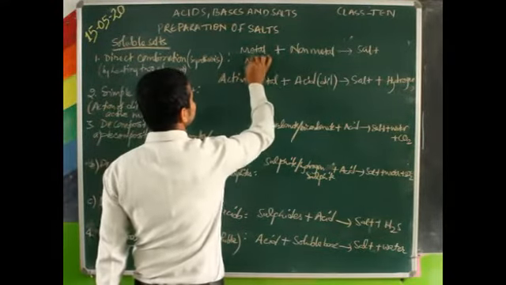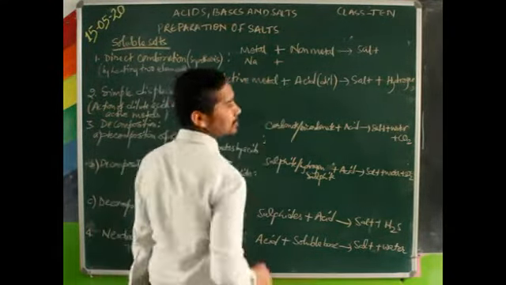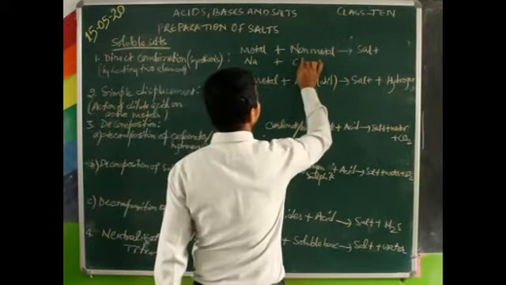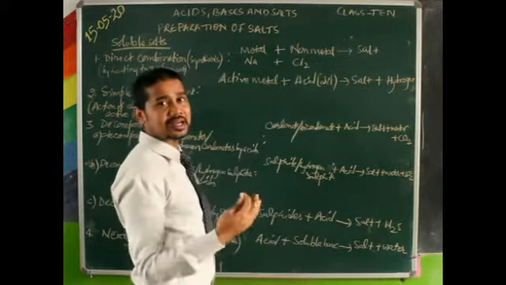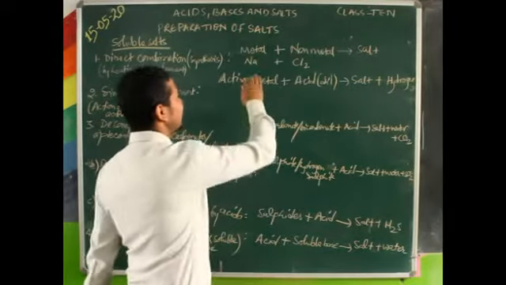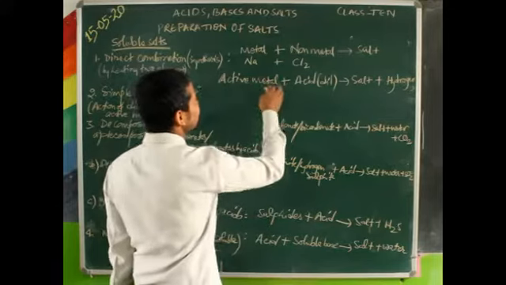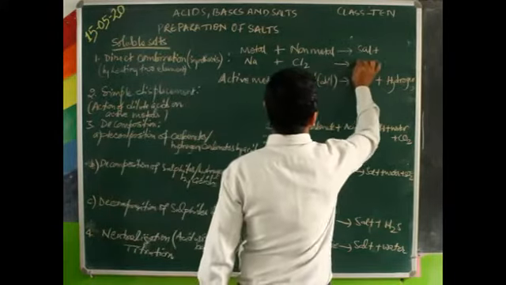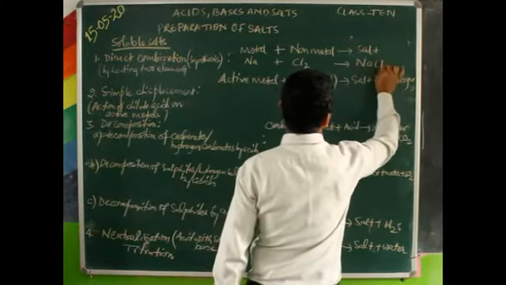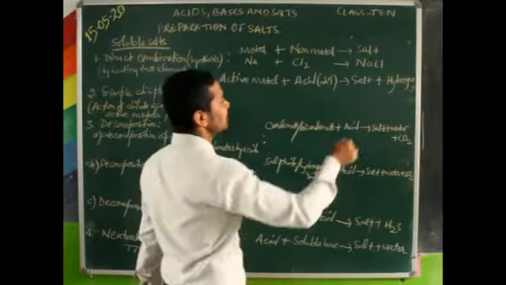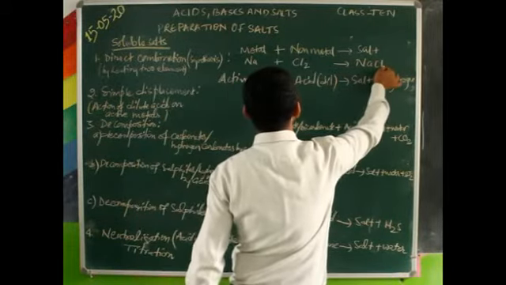Say for example, take sodium plus non-metal, let's take chlorine. And why I'm writing Cl2? Because it is diatomic. And why I'm writing sodium as Na? Because it is monoatomic. So Na plus Cl2 gives NaCl, because valency of sodium is 1 and valency of chlorine is also 1.